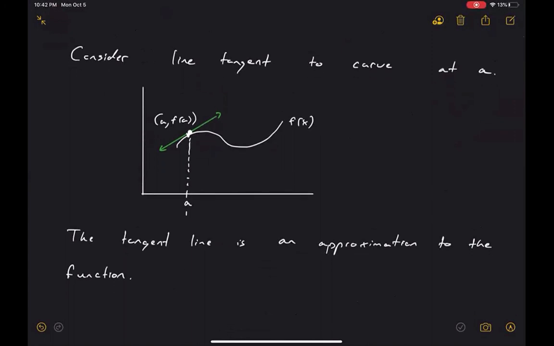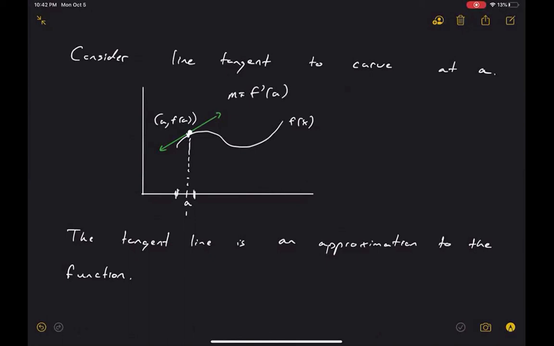It's got a slope which is equal to the derivative, the slope m equal to f prime of A. So the slope is our derivative, but really, that tangent line is a nice approximation to our function, at least in the area around A.